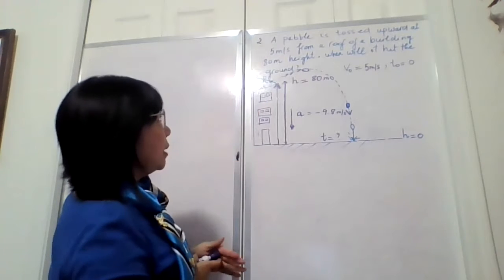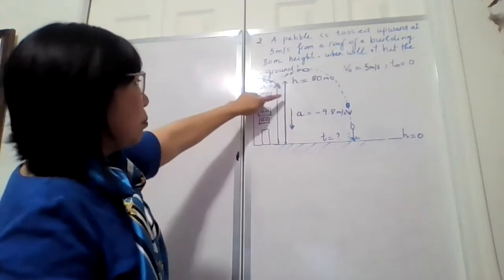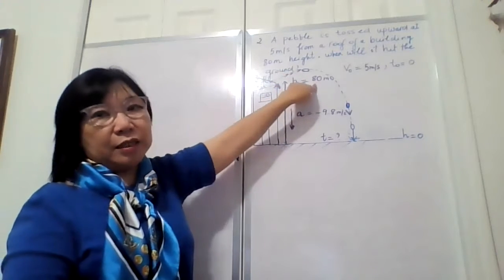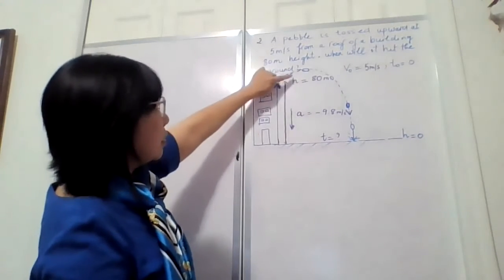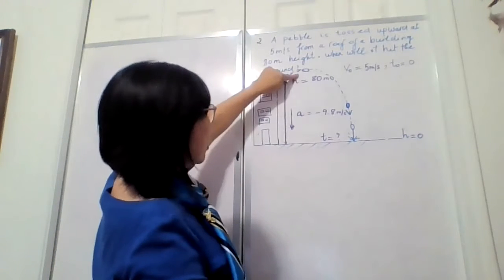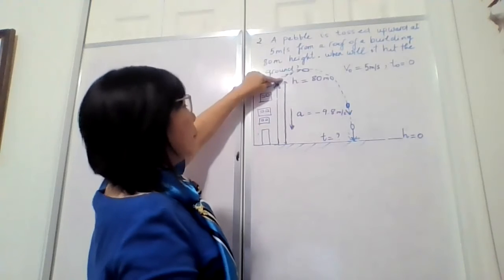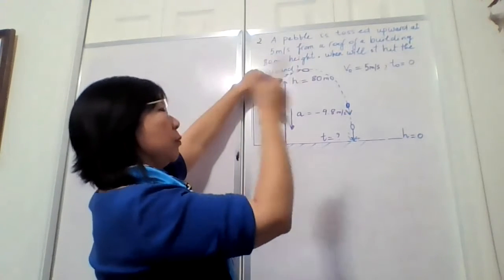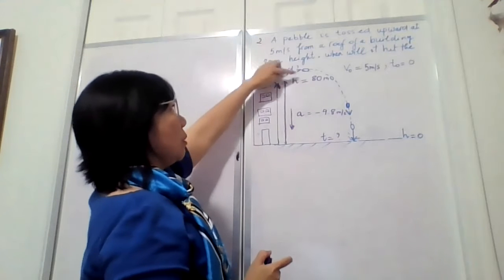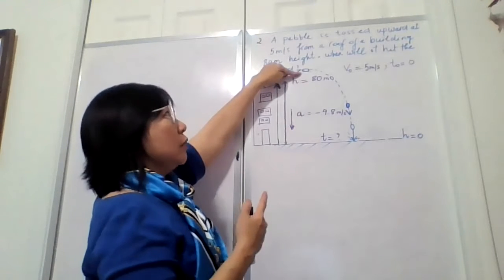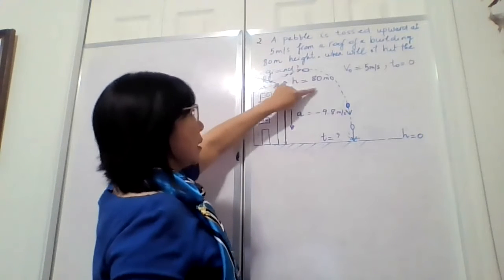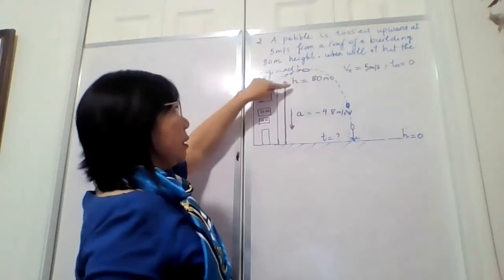It means that in this problem, we assign the height of the pebble as positive 80 meters upward, because the guy tossed the pebble from the roof of the building. The building has a height of 80 meters, so the pebble has its height at 80 meters at the beginning.